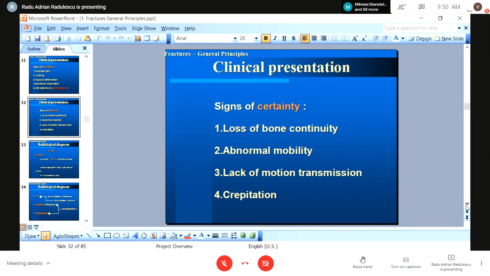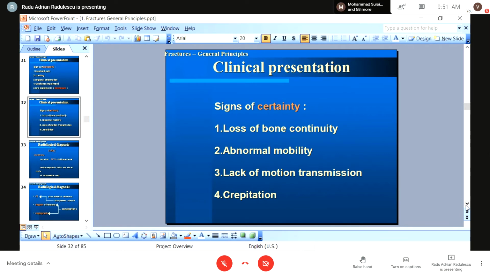So pay attention that this sign of crepitation must not be searched on purpose when we examine a patient. If we accidentally determine that sign, that is okay. We can note it down that we determined crepitation.